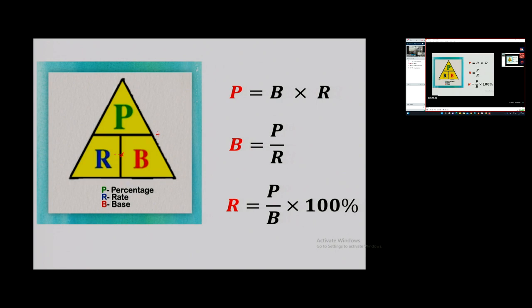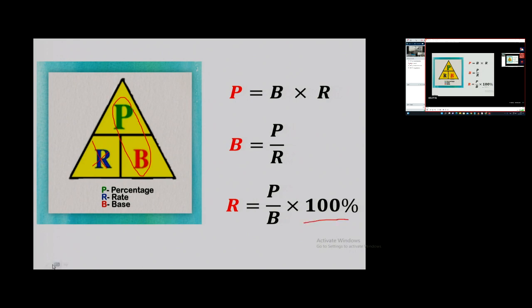Okay, finish copying. Now, it means that if you want to find the percentage, that is R times B. If you want to find the rate, that is P divided by B. But since that is rate, you need to multiply it by 100%.